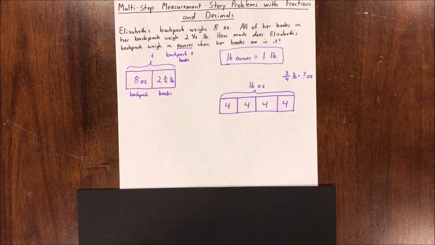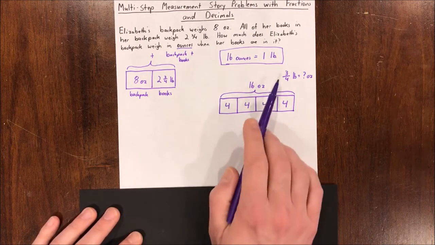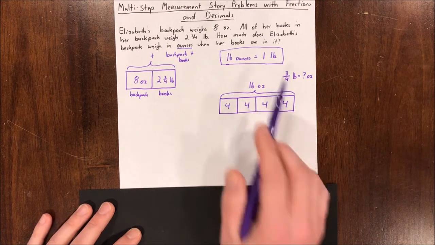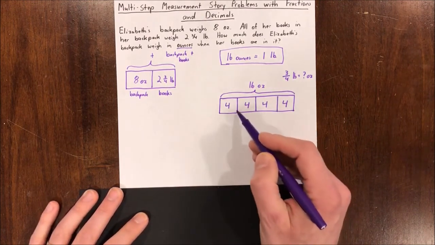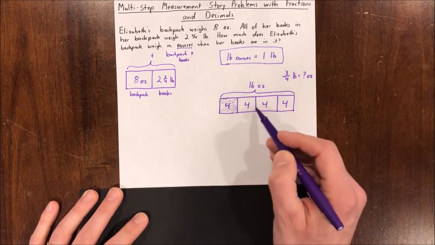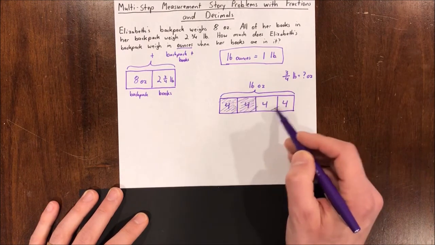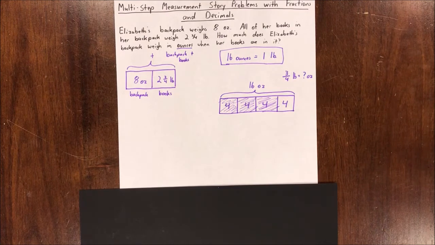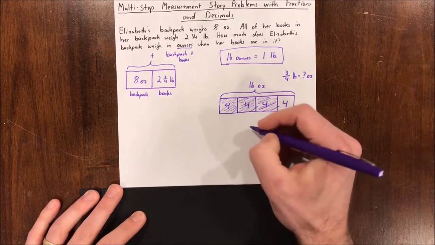Yeah, we can shade in 3 of the 4 parts because the numerator of our fraction is 3. So we know that means we're referring to 3 parts, right? So 1, 2, and 3. Great. So since there's 4 ounces in each part, that means that we're going to have 4, 8, actually 12 ounces.